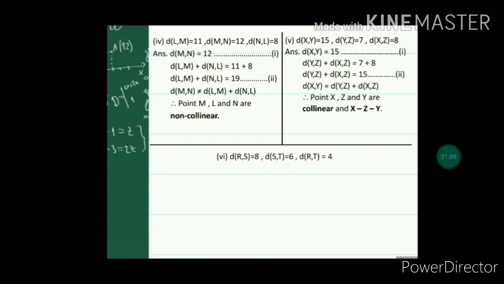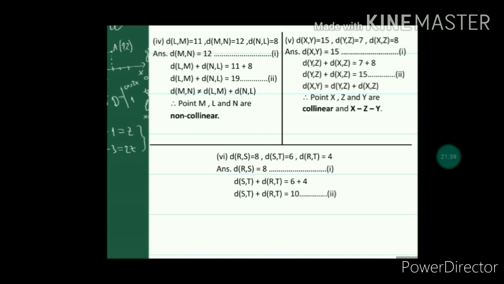Another example is distance of SR is equal to 8. Distance of ST is equal to 6. Distance of RT is equal to 4. Answer is here distance of RS is equal to 8. Therefore, distance of ST plus distance of RT is equal to 6 plus 4.